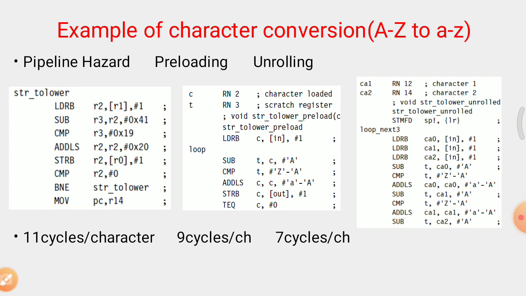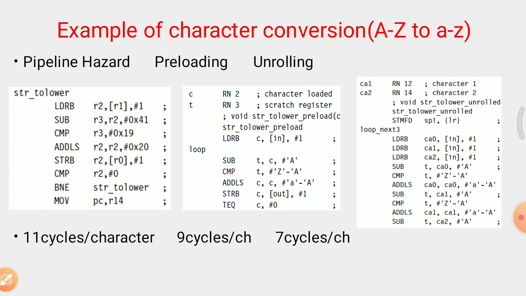So we call it a pipeline hazard or interlock, because in the first cycle the LDRB is not going to provide the result of R2. It is going to take some more extra cycles to produce the result into register R2. Only then will the SUB instruction get the value of R2.